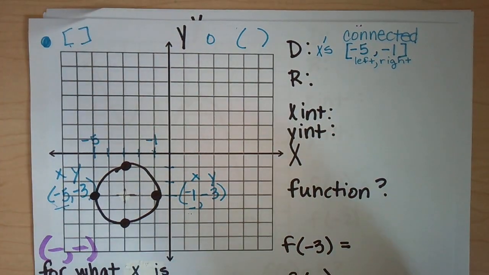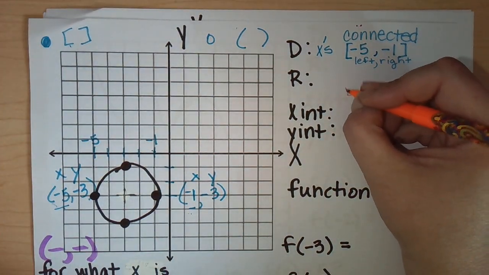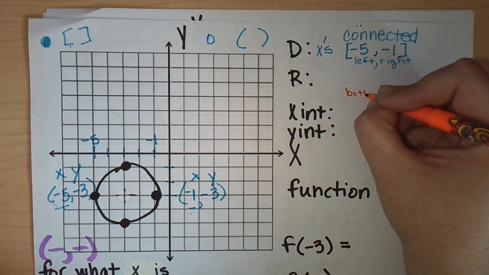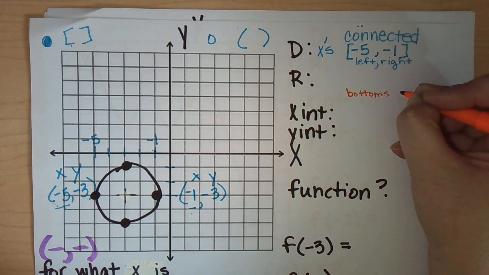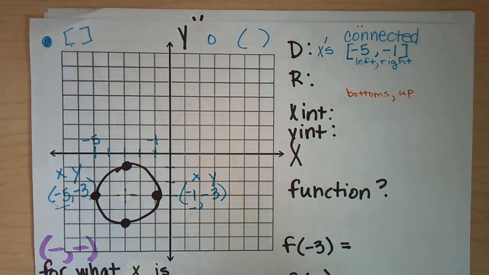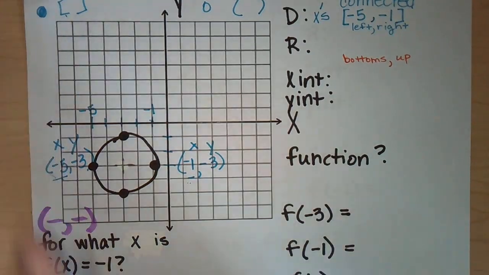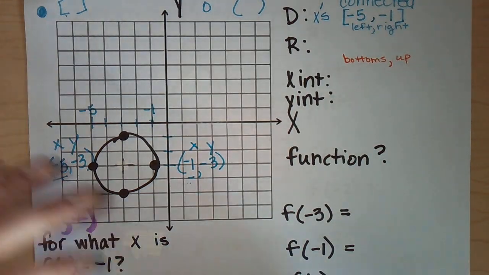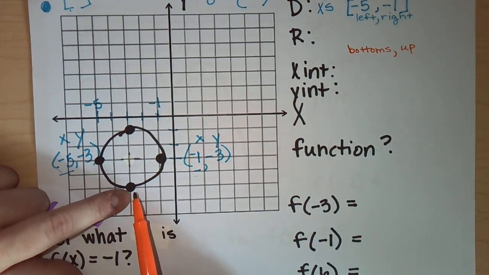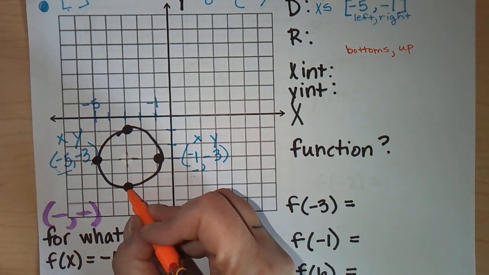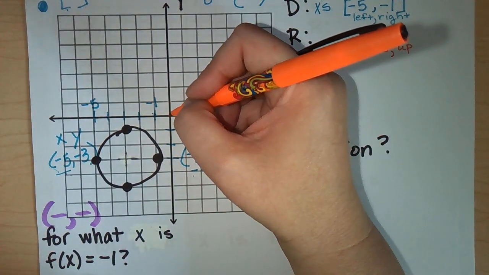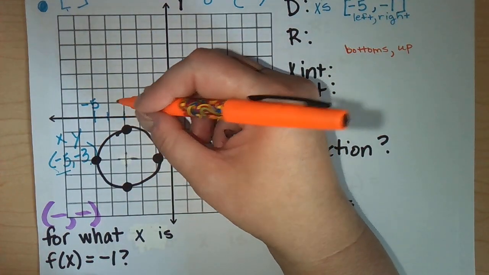Let's look at my range. Range is the y's, and for range we have to have bottoms up, bottoms up. Yeah, drink that sweet tea up. Okay, so let's look at the very bottom piece of the circle. Hey, it's this dot. Let's count how to get there. Well, I have to go from the middle 1, 2, 3, -3.